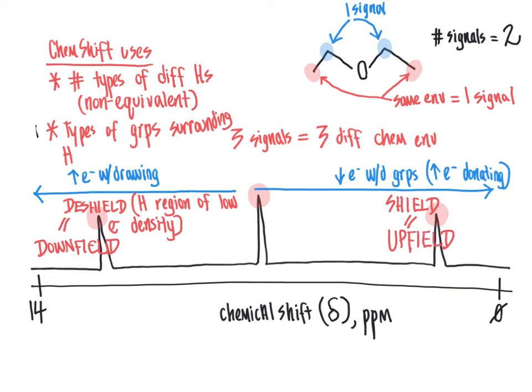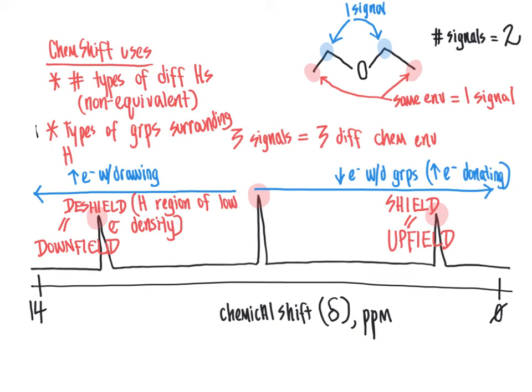The terms upfield and downfield, shielded and de-shielded, don't refer to specific numerical values within the spectrum. Instead, they are relative values, where if we see a signal that is closer to 14, such as this one that I'm highlighting with my laser pointer, we would say that that signal is downfield relative to all the other signals within the spectrum. Or if we look here, closer to 0, the signal that I'm circling now, we would describe as being the most upfield or most shielded signal within the NMR spectrum.